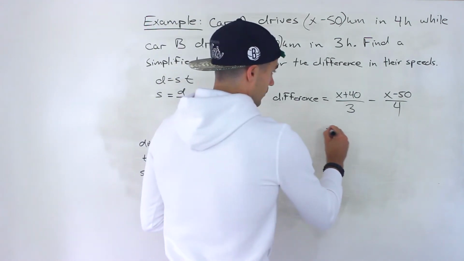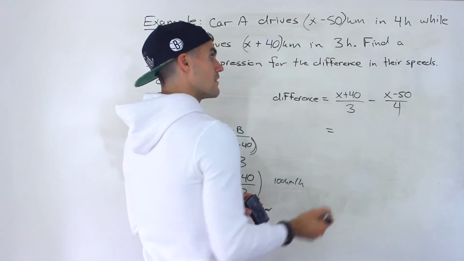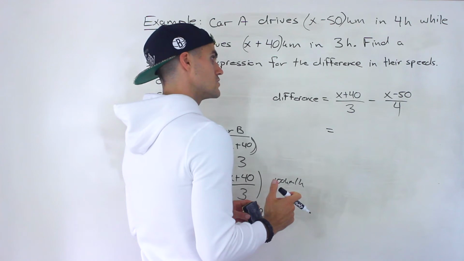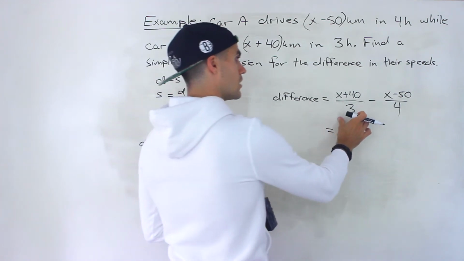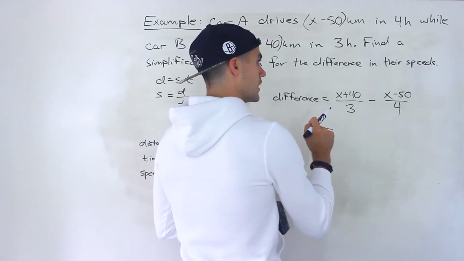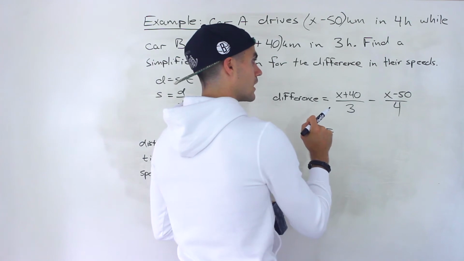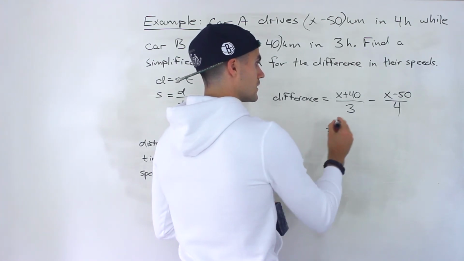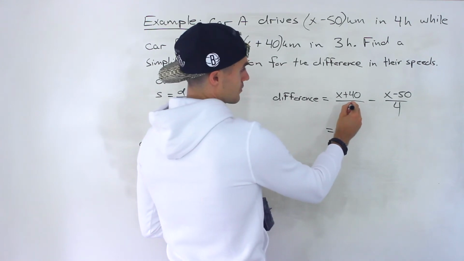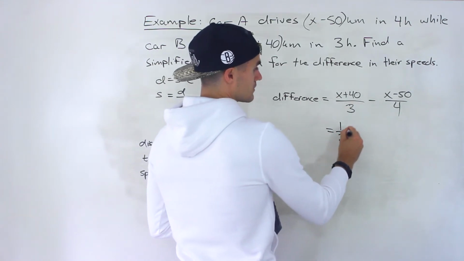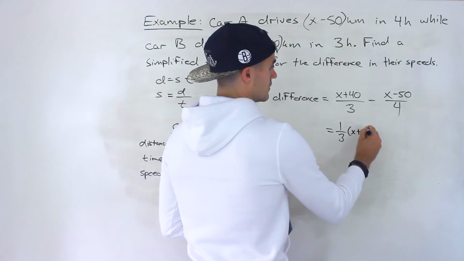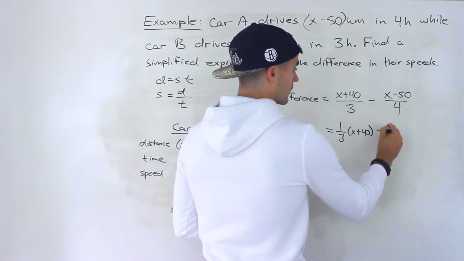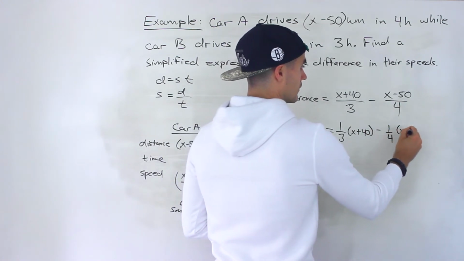So over here, to simplify this, there are multiple ways we can do it. We can get a common denominator here. What I'm actually going to do is take this 3 and put it in front of this, and then the 4 I'm going to put in front.